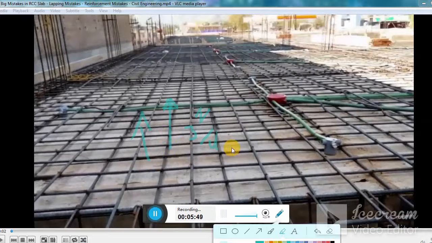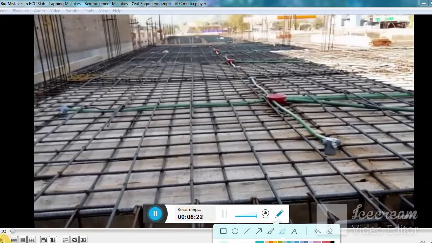You need to provide chairs before concreting, kept below the bottom bar, and their size must be equal to 3 by 4 inch or 1/2 inch, whatever design the structural engineer provides. One thing you must keep in mind is that these are all the responsibilities of a structural engineer: that he mentions the lapping zone, okay, all other weaker zones. So this is the responsibility of a structural engineer.